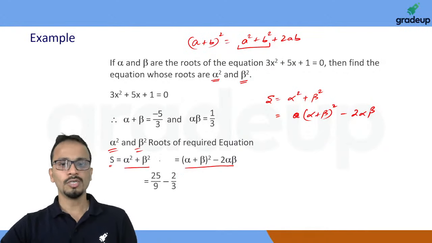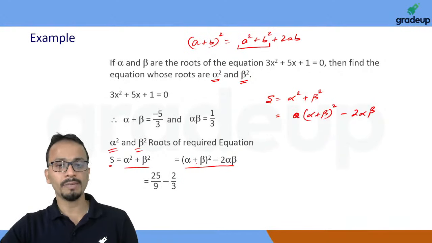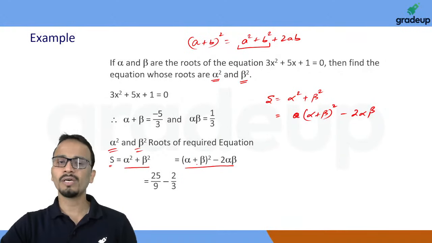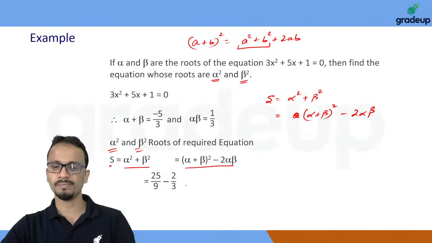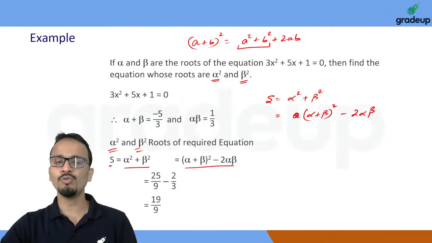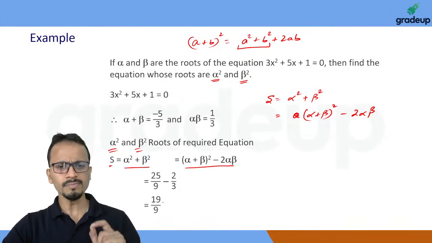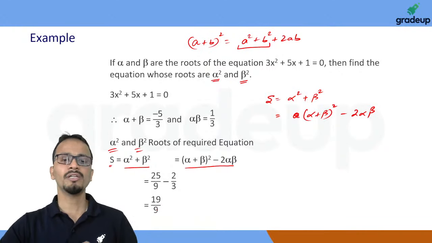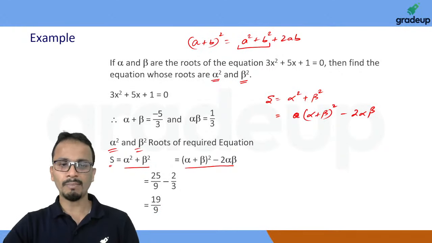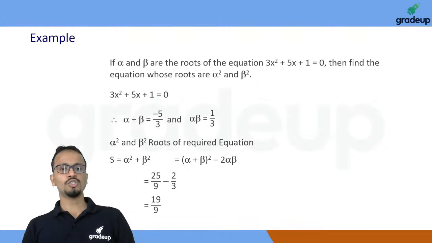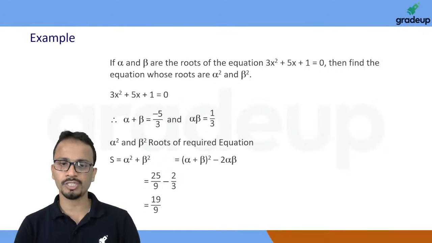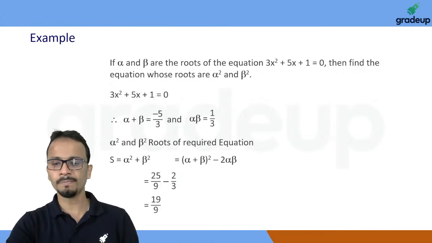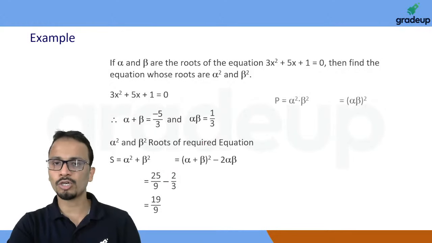Alpha plus beta is minus 5 upon 3, its square will be 25 upon 9, minus twice of alpha beta, that is minus 2 upon 3. Upon simplification, you will get the value of the sum of the roots as 19 upon 9. Okay, am I clear? So I have calculated the sum of the roots of the required equation. Now let's talk about the product of roots.